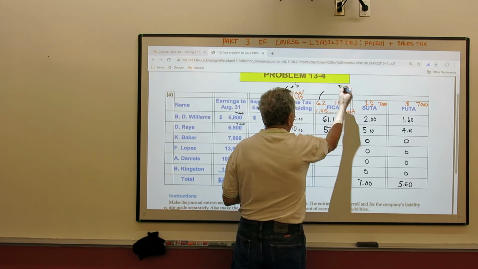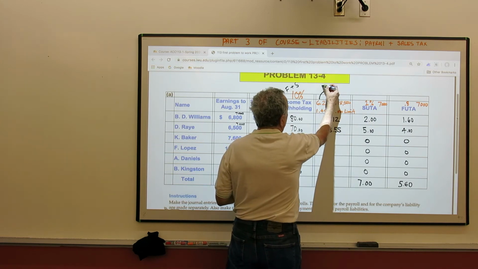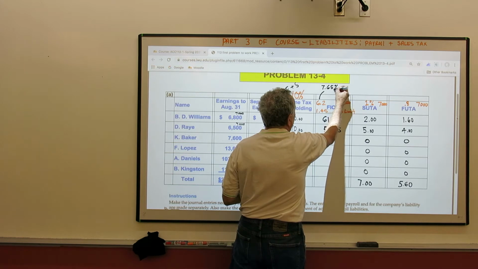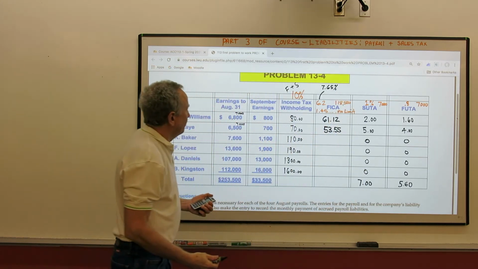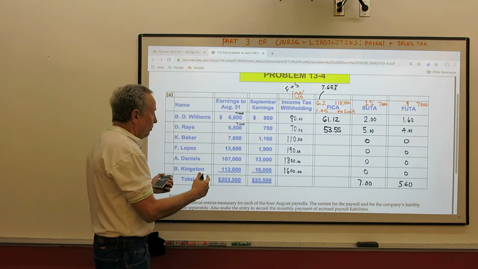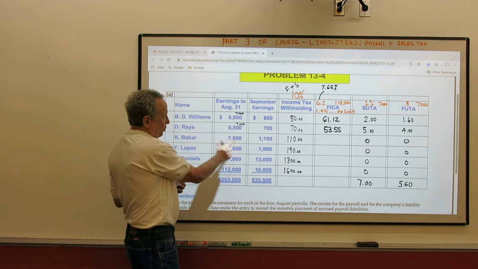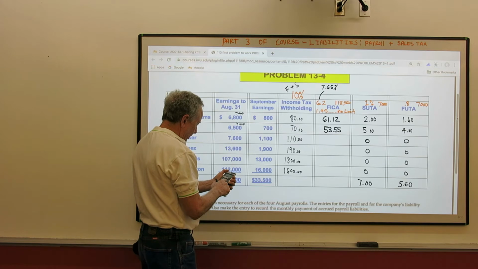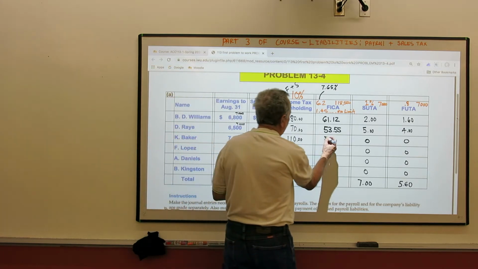I'm going to draw a little arrow up here for me. 7.65% is the combined rate, just for me, 7.65. What do we got here? This Baker's nowhere near the limit, so we're just going to take 1100 times 0.0765, and that is $84.15.